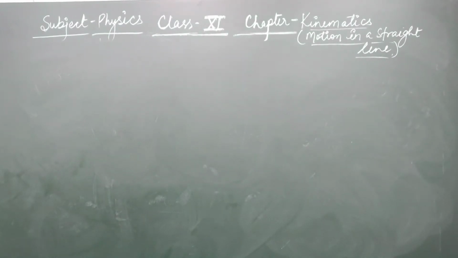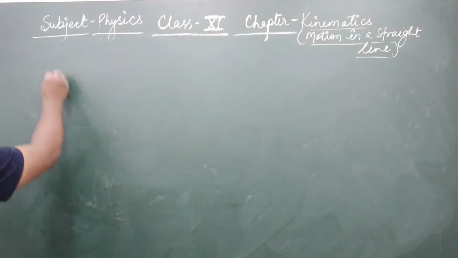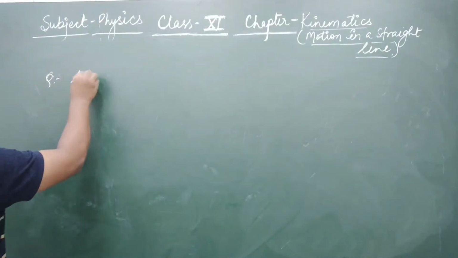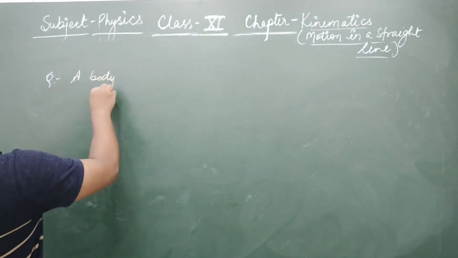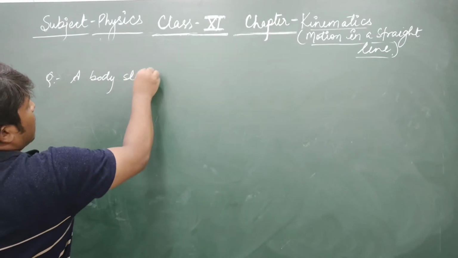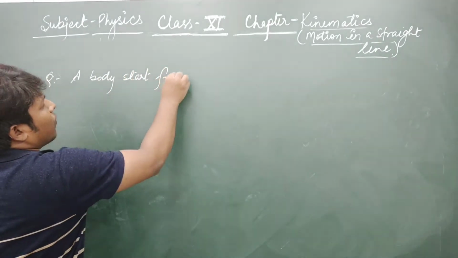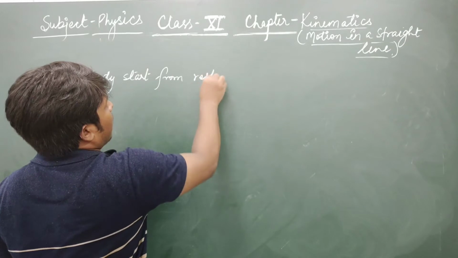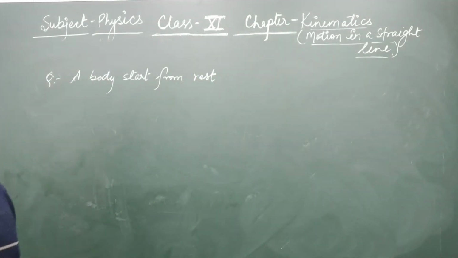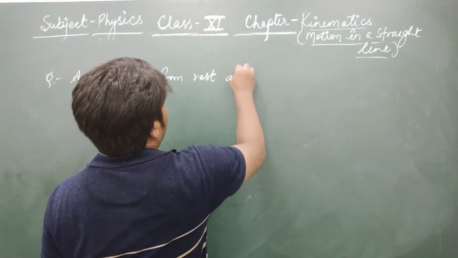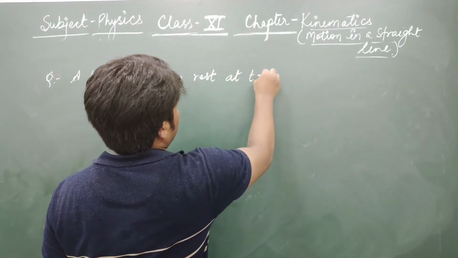See, an object starts from rest at t is equal to 0 and is accelerated at a rate given by a function of time. Question is that a body starts from rest at t is equal to 0 with an acceleration of 6t square.